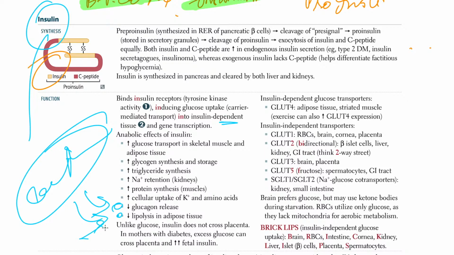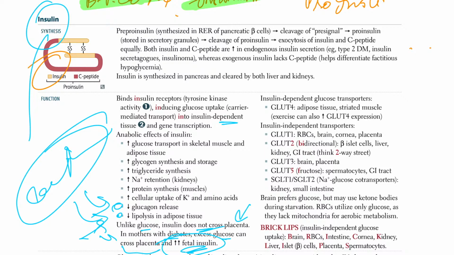Okay, so unlike glucose, insulin does not cross the placenta. In mothers with diabetes, excess glucose can cross the placenta, so the fetus will have an increase in insulin from their own pancreatic beta cells, high yield.